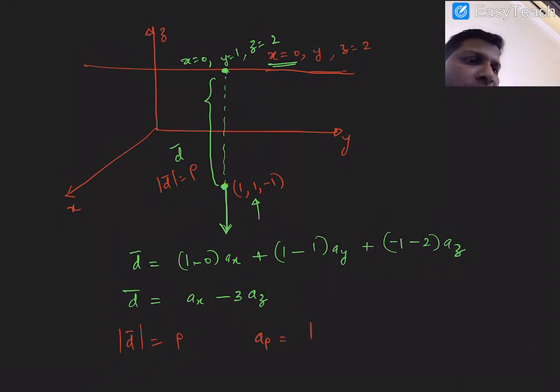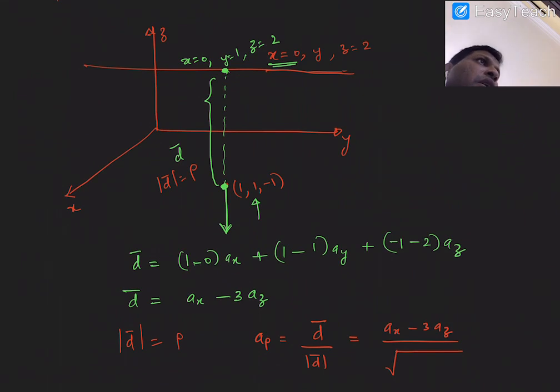A rho is nothing but d, the distance vector, divided by the magnitude of the distance vector. So this is equal to ax minus 3 az divided by the magnitude, that is root of 1 square plus 3 square, which is root 10.